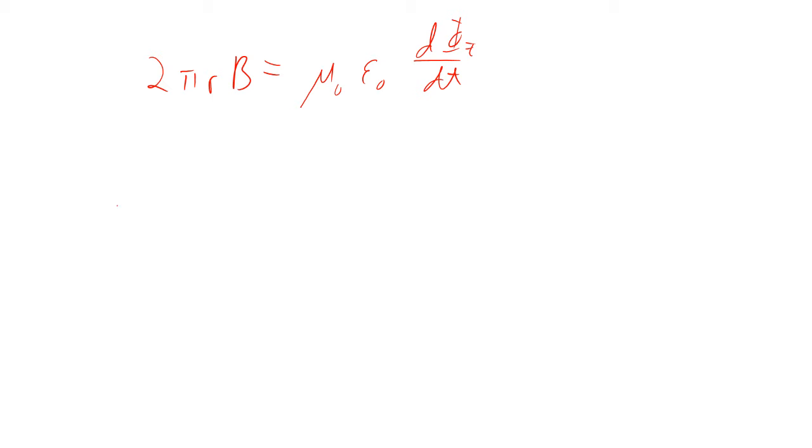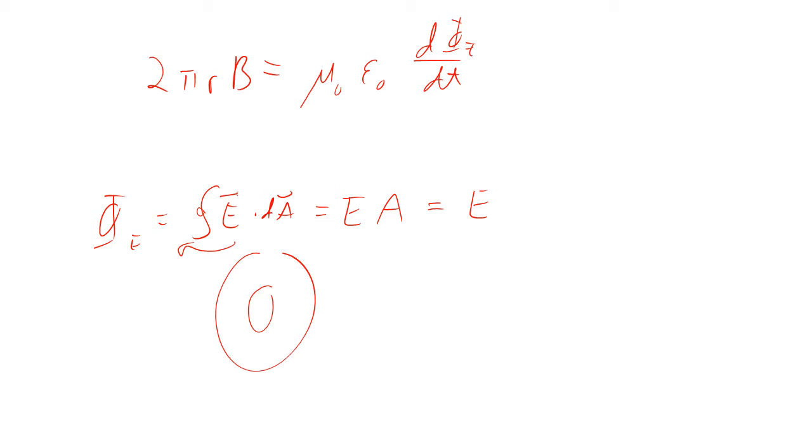So all we've got to do is find the electric flux in there to find its derivative. The electric flux we know is the integral of E dot dA. The electric field inside the capacitor should be pretty well uniform, so it's constant coming out of the integral, and this is just E times A. A is the area of that little circle inside the capacitor, so that's pi r squared.